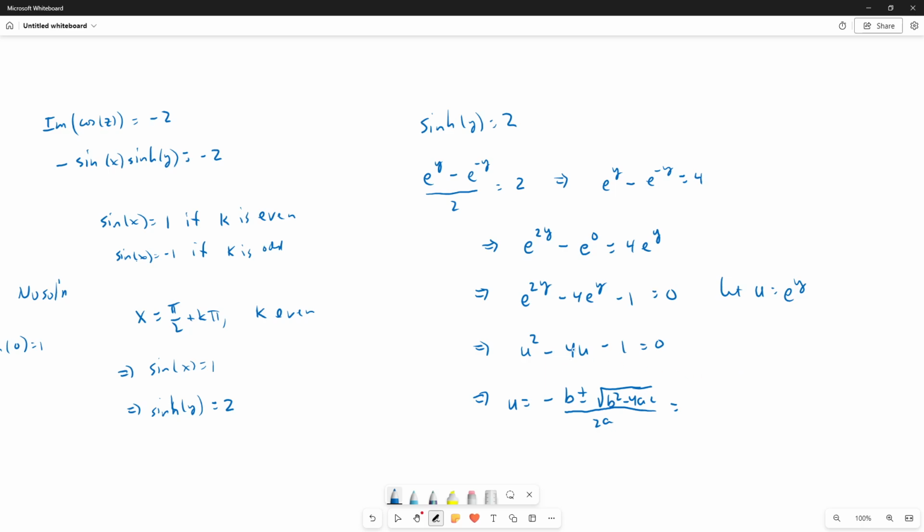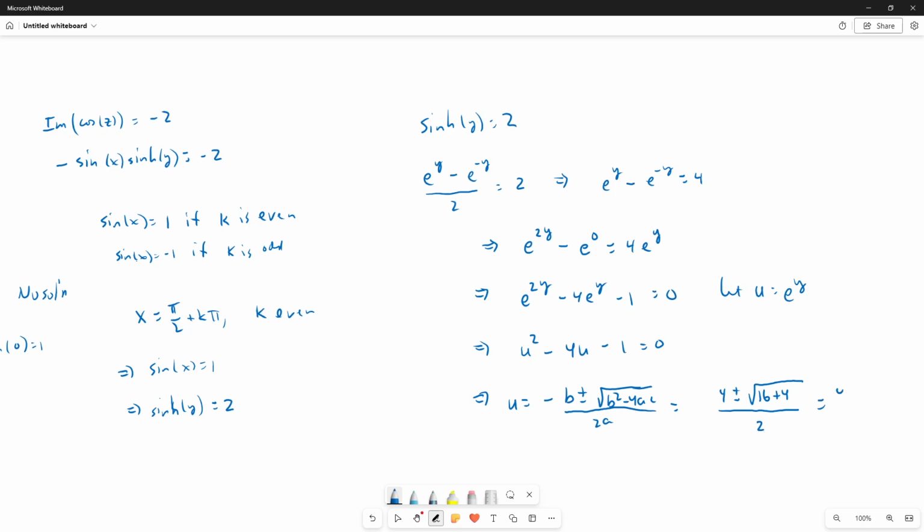The b itself is negative 4, so negative b is 4 plus or minus the square root of b squared, which is 16, minus 4ac. For a is 1, and c is negative 1. So this is minus negative 4, which is plus 4, and divided by 2a, a is 1.